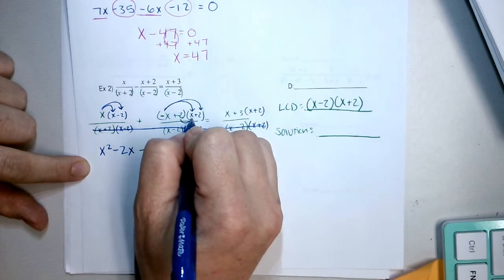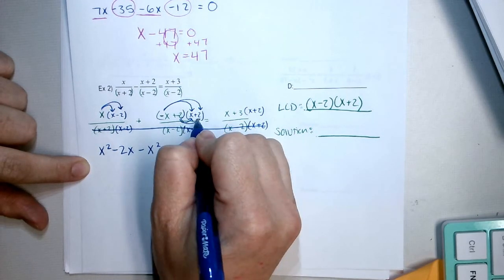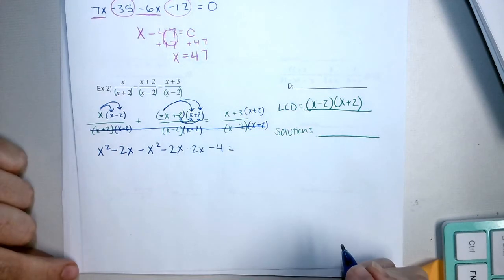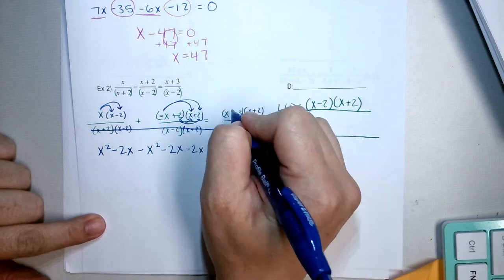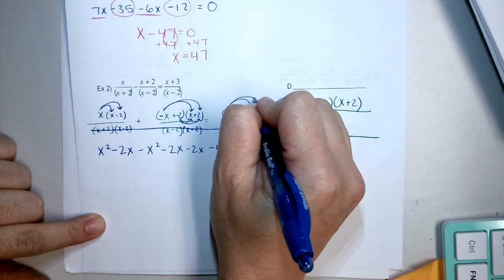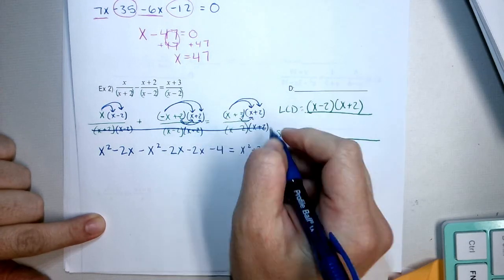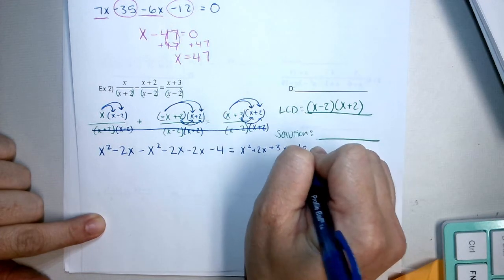Negative 2 times x is negative 2x. And negative 2 times positive 2 is negative 4. And again, double distributing, x times x is x squared, x times 2 is 2x, 3 times x is 3x, and 3 times 2 is 6.